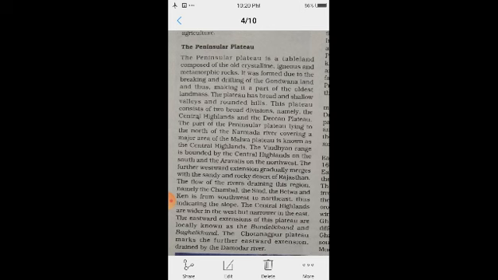Thus indicating the slope. The central highland is wider in the west. सेंट्रल हाईलैंड जो है वो वाइडर कहाँ हो रही है? Wider in the west, but narrower in the east. ईस्ट पे नैरो है, और wider on the west. Which land? Central highland of the peninsular plateau.